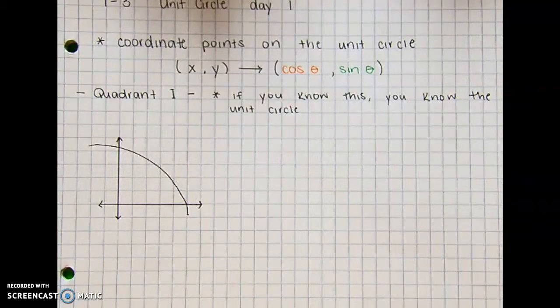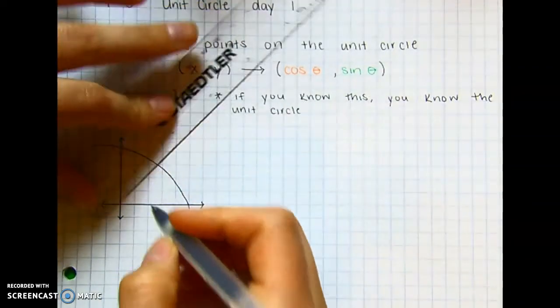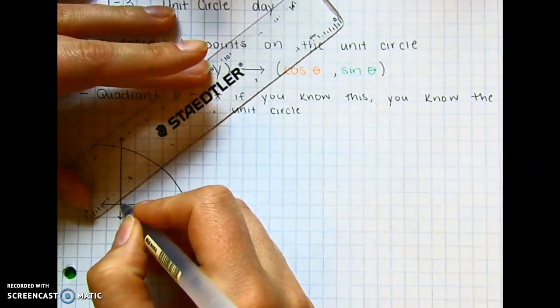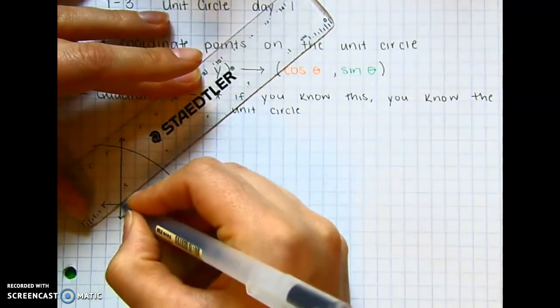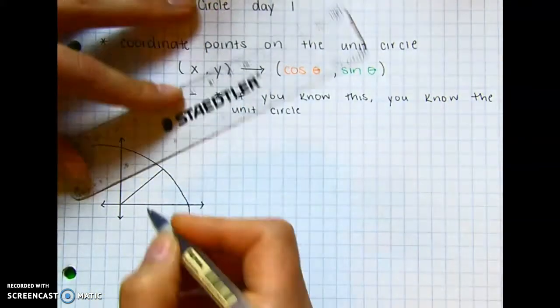The lowest is going to be 30 degrees. Then we have 45. I'm going to draw 45 first just so I can be halfway. Okay.